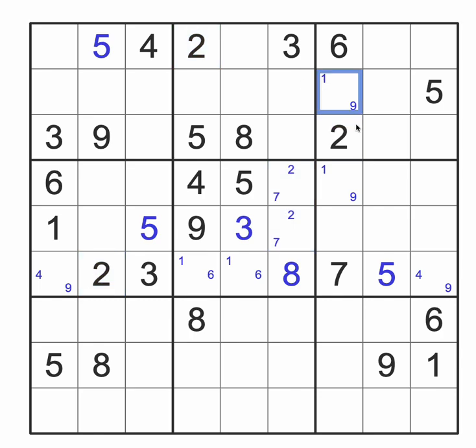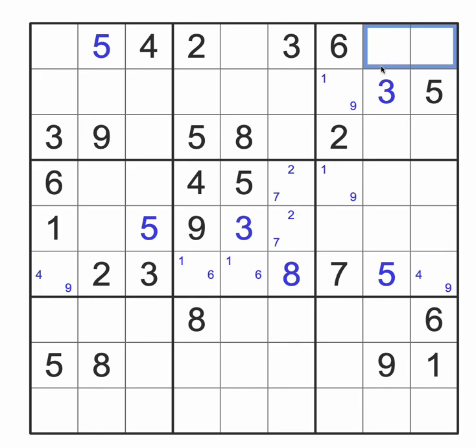So now that this can only be 1 or 9, I can place 3 in box 3, because this 3 blocks here, this 3 blocks here. This can only be 1 or 9, so I can place 3 only in this cell. And that means 8 here blocks these, so 8 will be here or here in box 3.